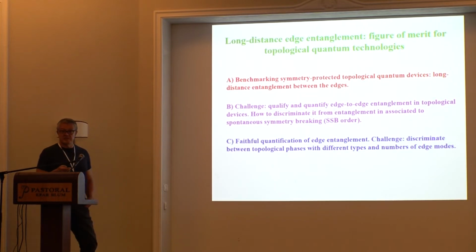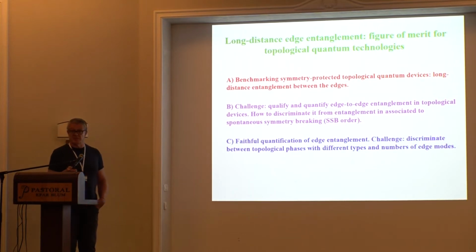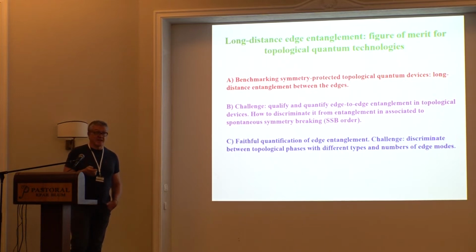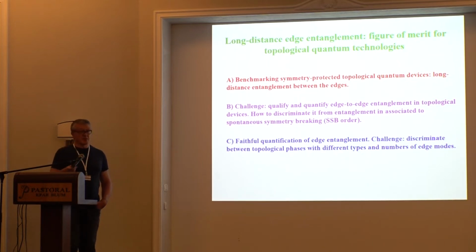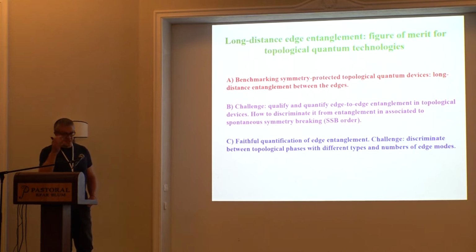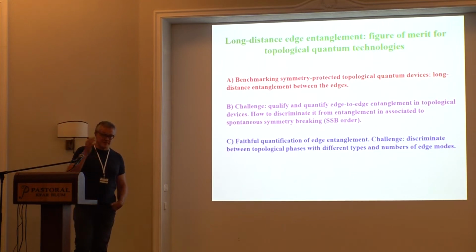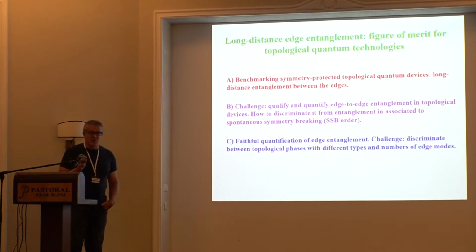It is well known that block entropy is not able to discriminate between spontaneous symmetry breaking and topological phases of matter. You look at the entanglement spectrum of an Ising chain, you look at the entanglement spectrum of a Kitaev chain, and they're exactly the same. So you have to go beyond that.